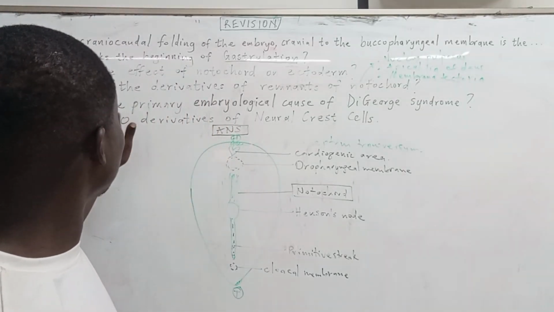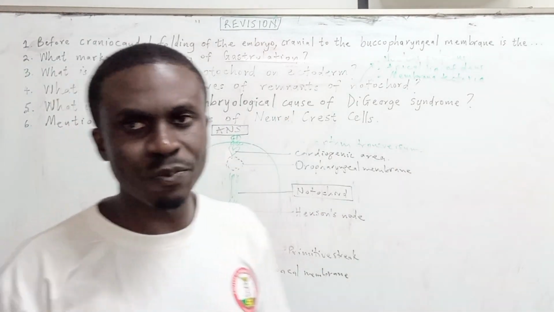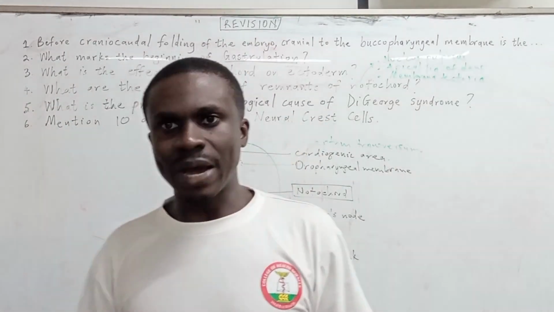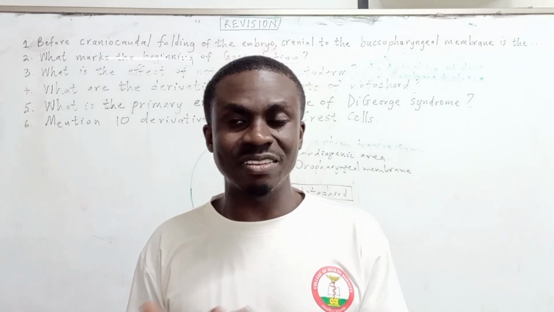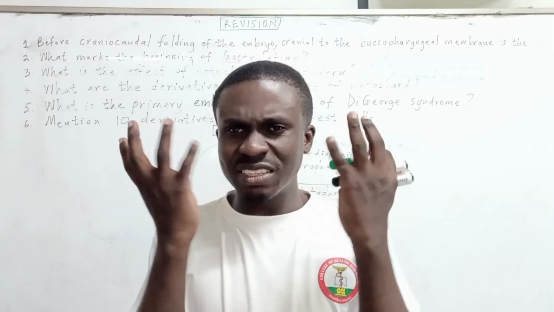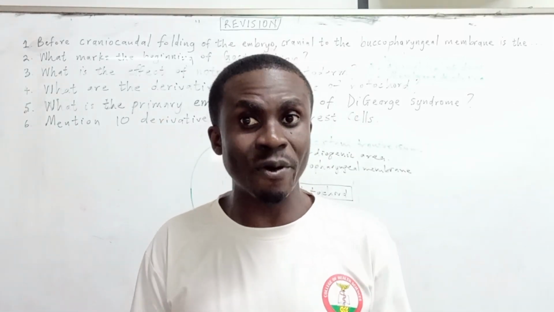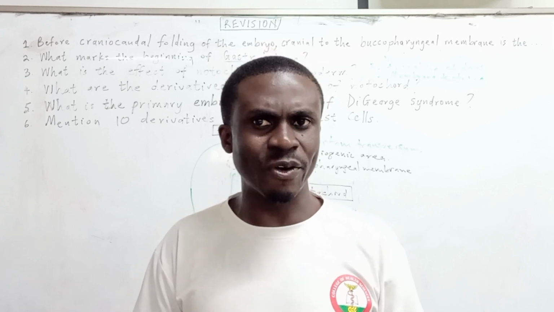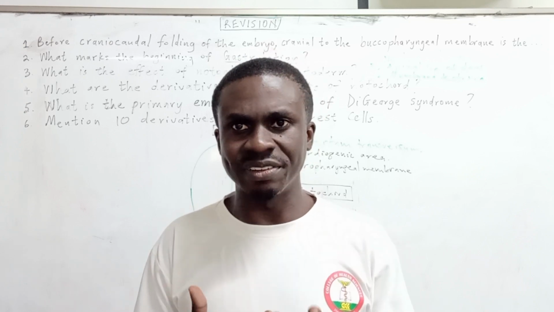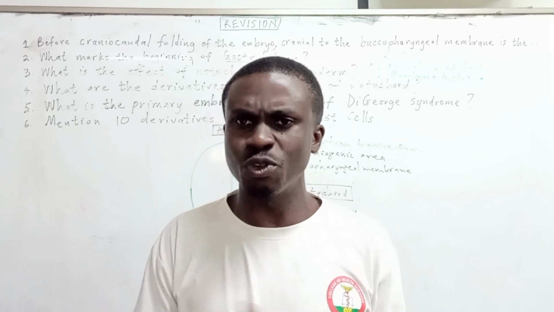The next one is, what is the primary embryological cause of what we call DiGeorge syndrome? When we did this, I told you about one syndrome, which was DiGeorge syndrome, where there's a kind of malformed face. There are also issues with the products coming from the thyroid gland and the parathyroid gland, including some cardiovascular issues, where some septum may fail to form.